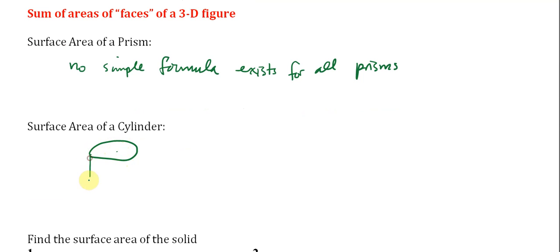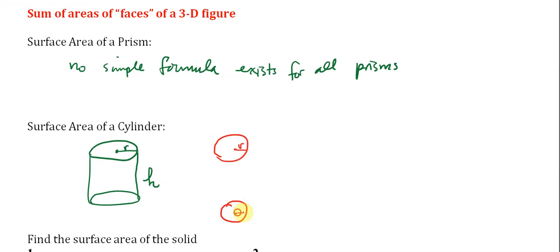So if we have a cylinder here of height h and radius r, then we can calculate the surface area as follows. It's the area of this circle and the area of this circle, so that would be pi r squared times 2, plus the area of this rectangle here.